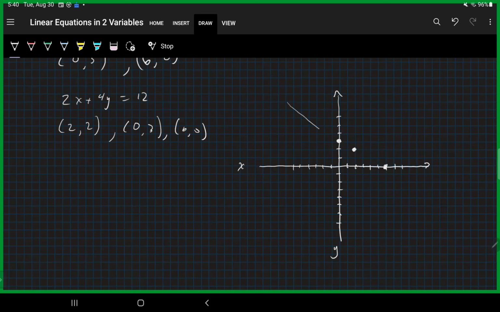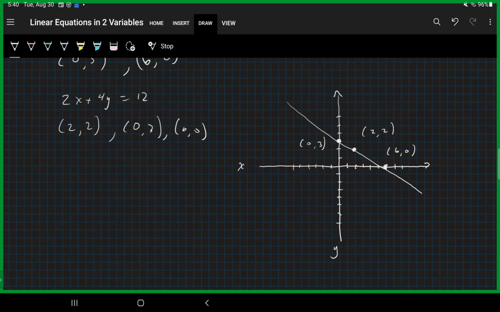So let's see if I can draw a nice straight line. I want to try to make my lines go edge to edge. We can label our points for completeness. And remember the X comes first and the Y comes second in ordered pairs.